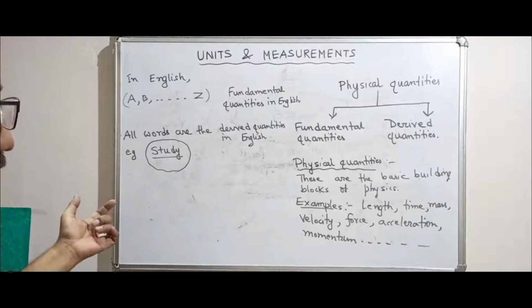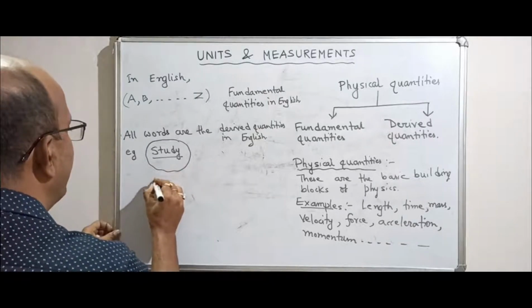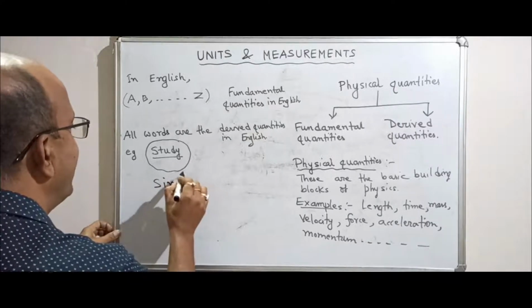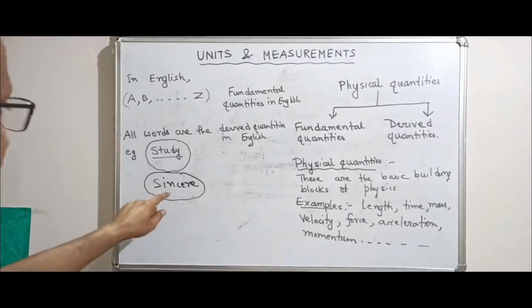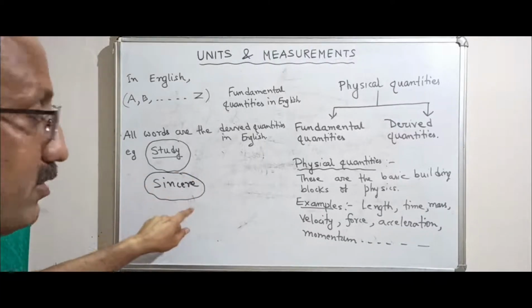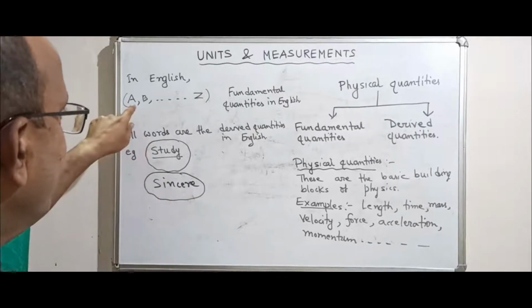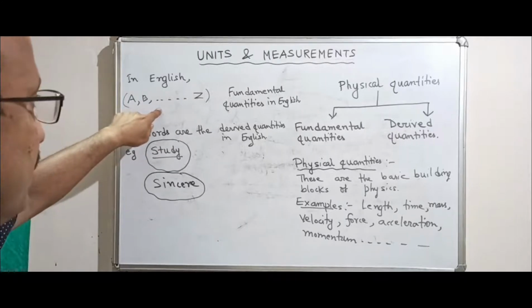Similarly, if you take any word, sincere. Now again, this is a derived quantity in English. The word sincere comprises of 1, 2, 3, 4, 5, 6, 7 alphabets of English.